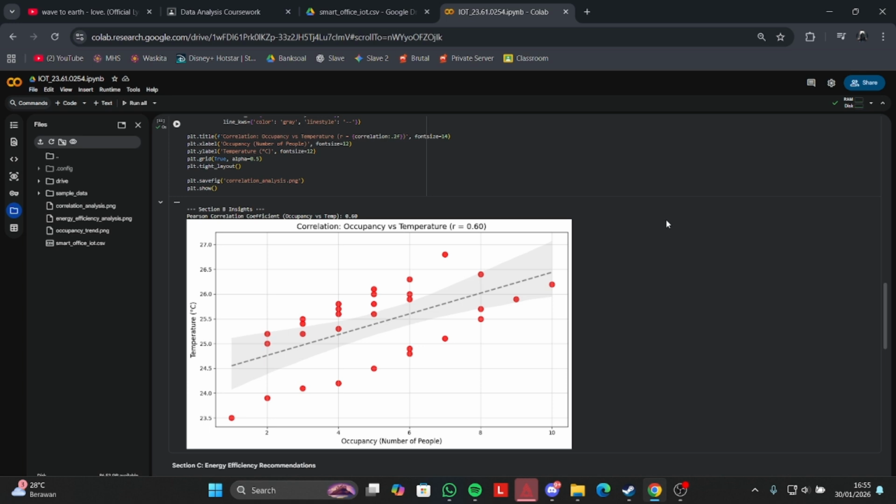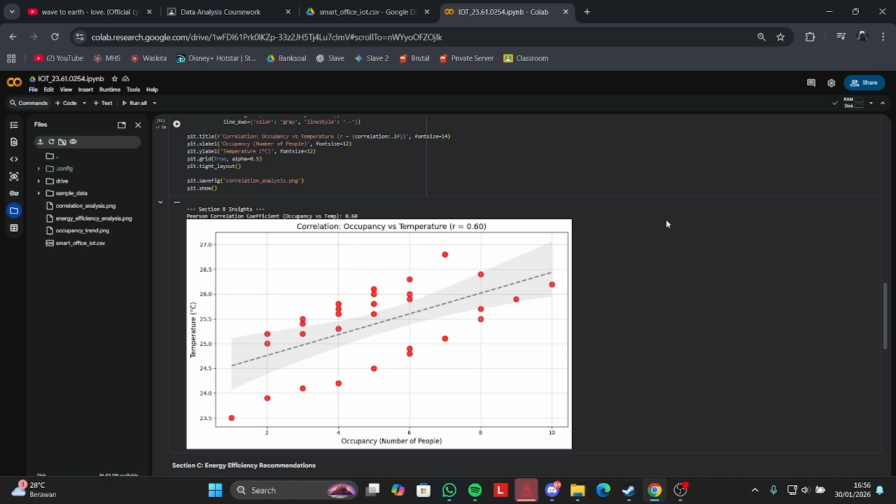This relationship is logical, as an increase in occupants contributes to the heat load through body heat and the use of additional electronic devices. While the correlation is not perfect, implying other factors like external weather or AC lag also play a role, the trend is strong enough to suggest that the HVAC system is reacting to, or is struggling against, the increased human presence during peak hours.